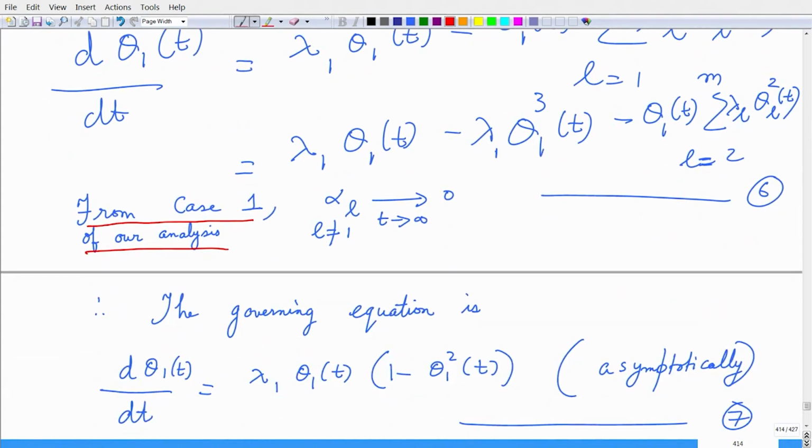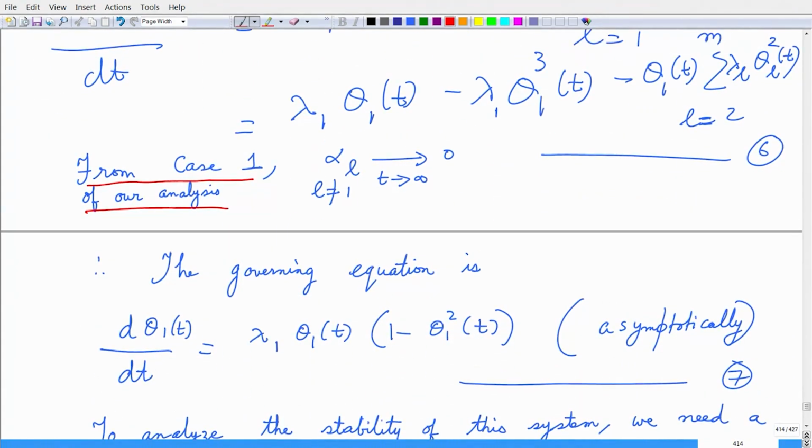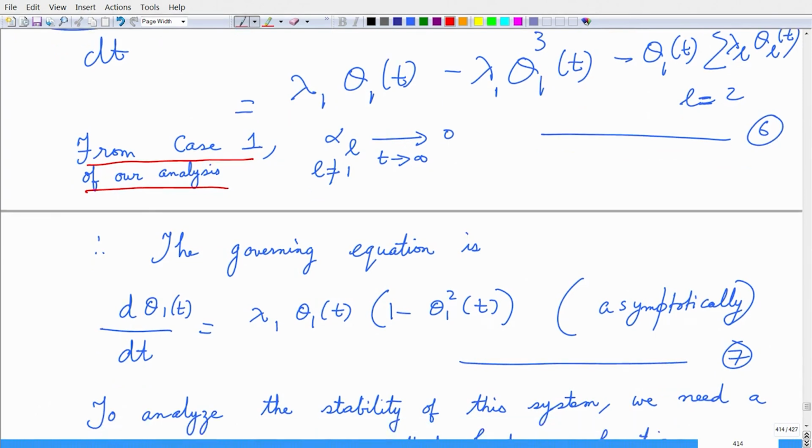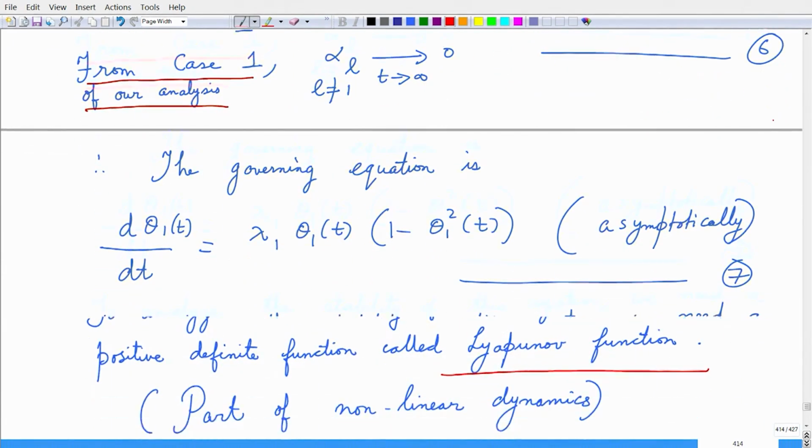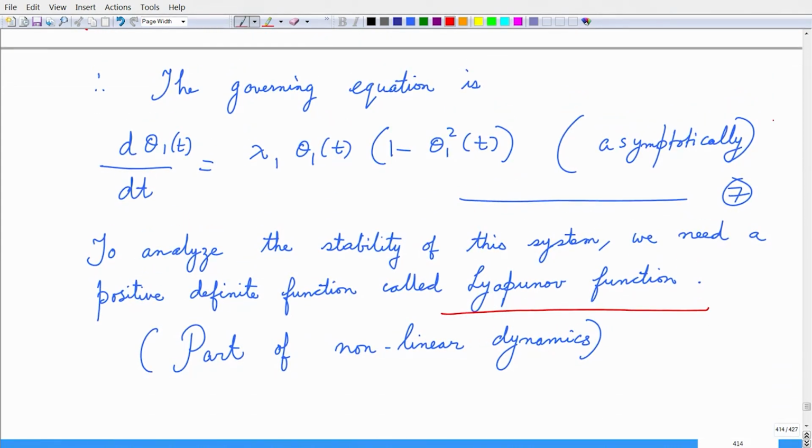Basically, you have a governing equation dθ1(t)/dt = λ1 θ1(t) times (1 − θ1²(t)), because all these other terms dive to 0. So, asymptotically, this is the equation we have: dθ1/dt = λ1 θ1(t)(1 − θ1²(t)).